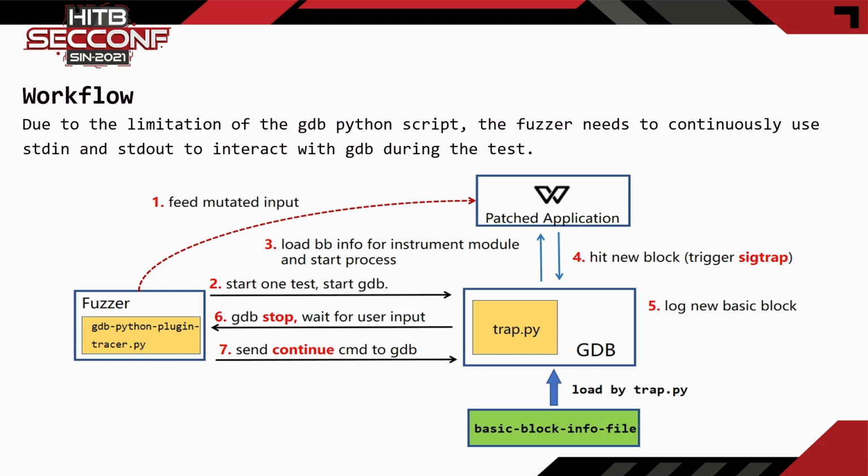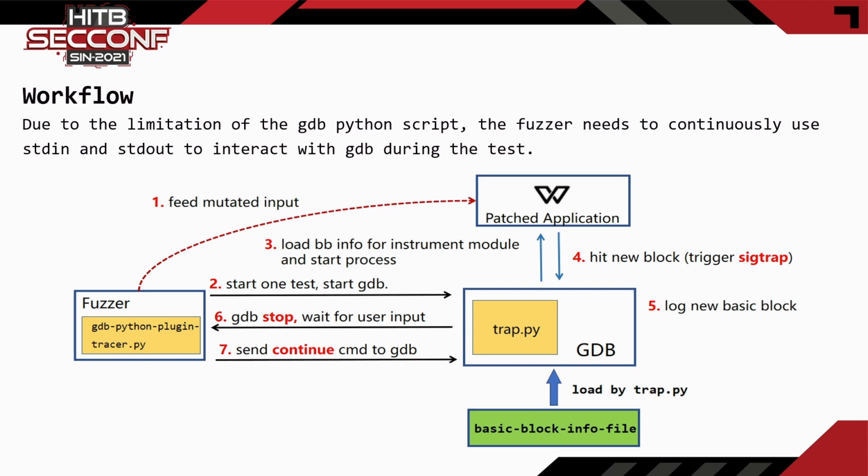Next, I will introduce the implementation of the tracer. When the process executes the breakpoint instruction, the SIGTRAP signal will be triggered. If the breakpoint is not set by GDB, the callback function registered through gdb.events.stop.connect will be triggered.